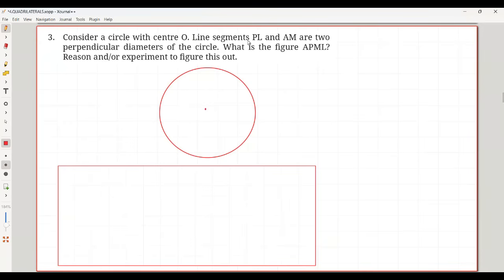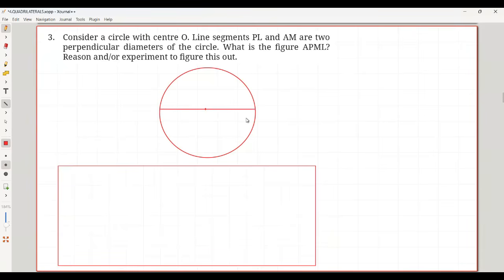Now draw the line segments PL and AM, which are two perpendicular diameters. The diameters should pass through the center.